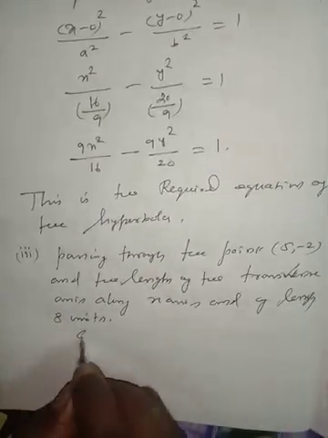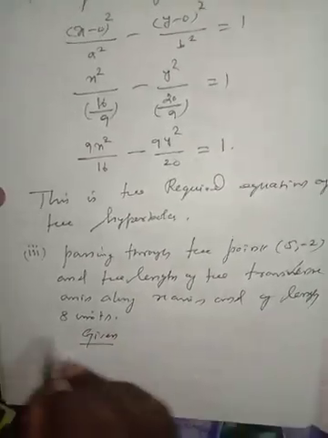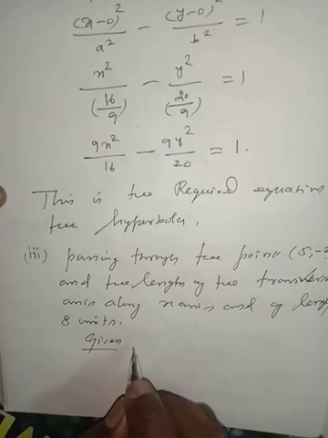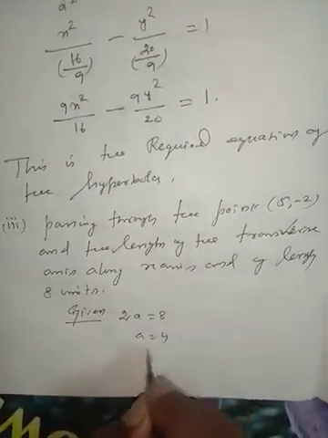Given length is 8 units, therefore 2a is equal to 8, a is equal to 4 is given.